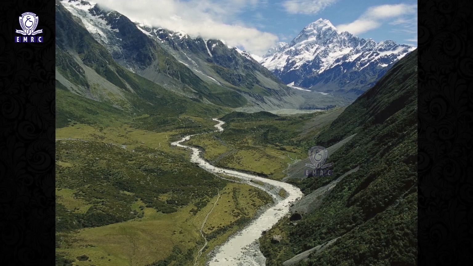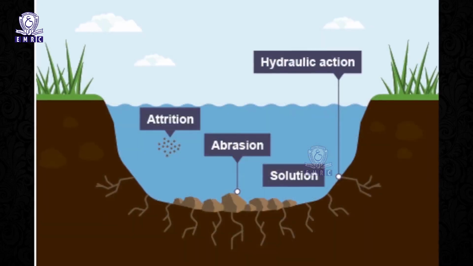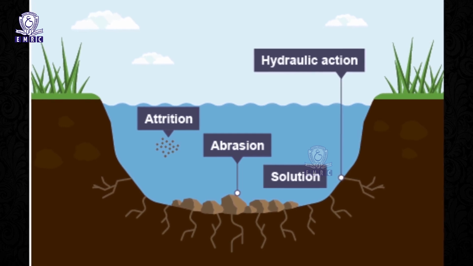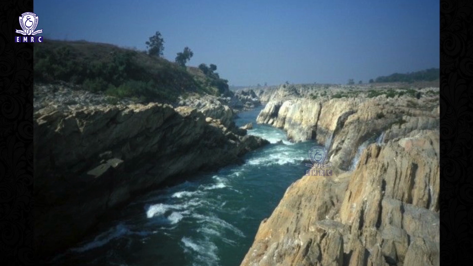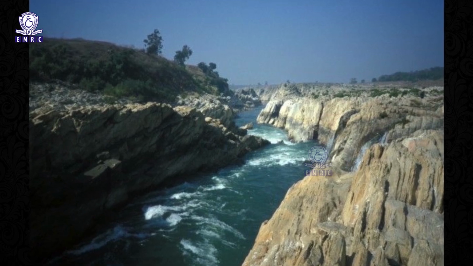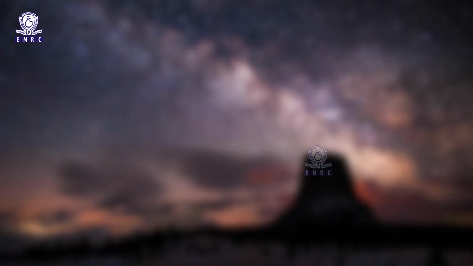That is, the river deepens the valley by vertical erosion, undertaken by the process of corrosion, abrasion, and hydraulic action. Vertical erosion is prominent when the river is in the initial stage or the mountain stage. Due to the vertical erosion or downcutting, V-shaped valleys or valleys with steep slopes are formed.